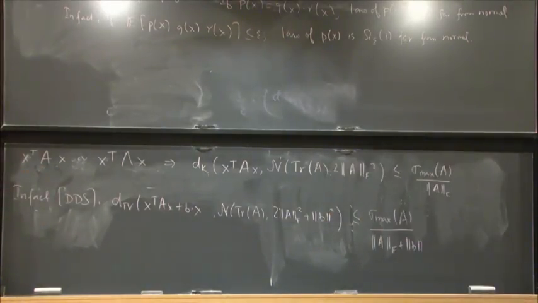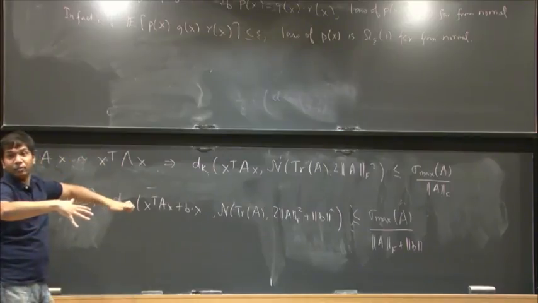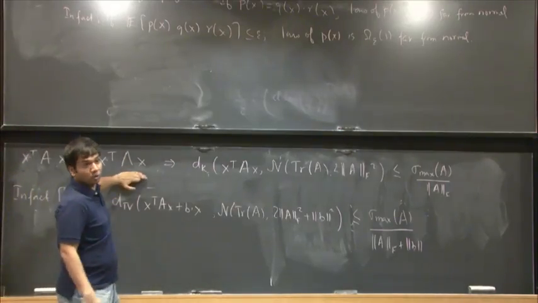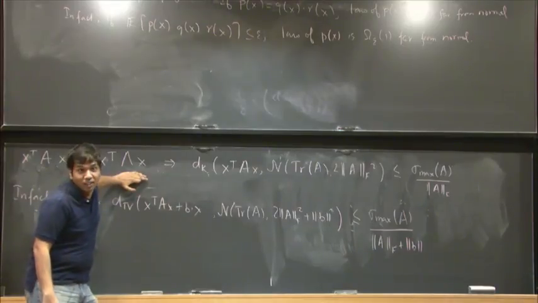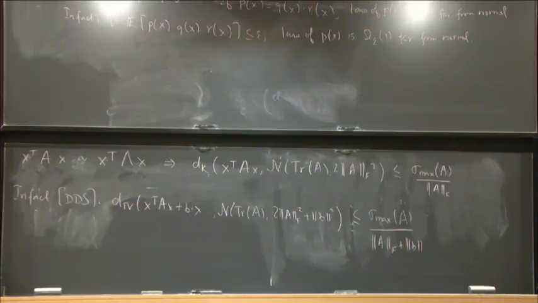Because Gaussians are rotationally invariant, I can diagonalize the matrix A, and if the corresponding diagonal matrix is lambda, then the distribution of x transpose Ax is the same as the distribution of x transpose lambda x, which is the same as summation lambda_i x_i squared, which we already know looks like a normal if all the lambda_i's are relatively small.